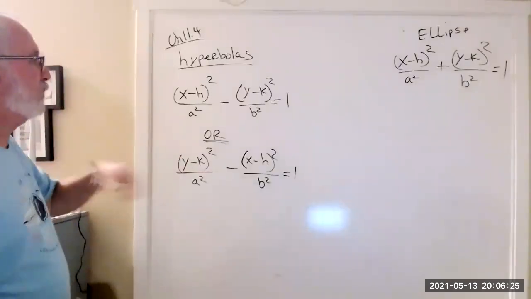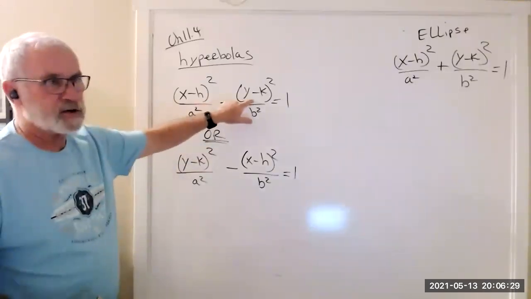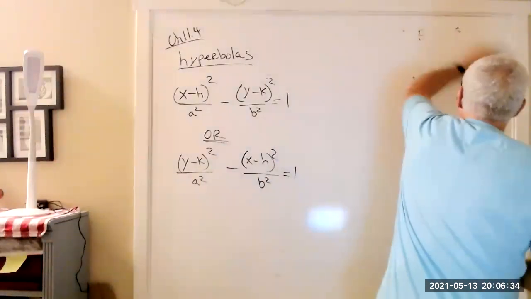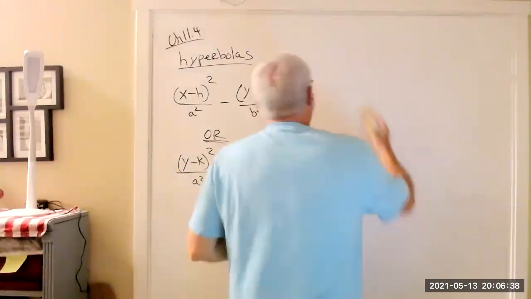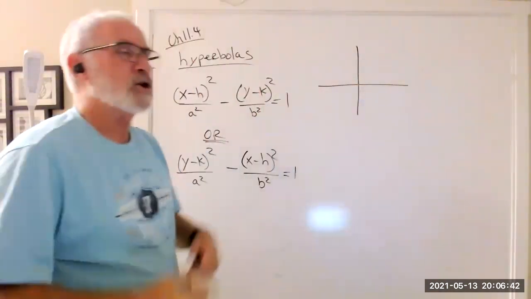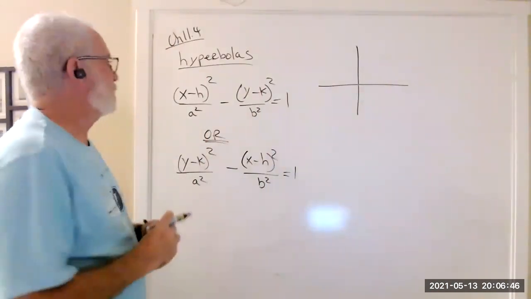So that's the first thing. Now, we still know (h, k) is going to be the center of this shape. But what shape? Well, again, I told you it's going to get confusing. A hyperbola has two branches.